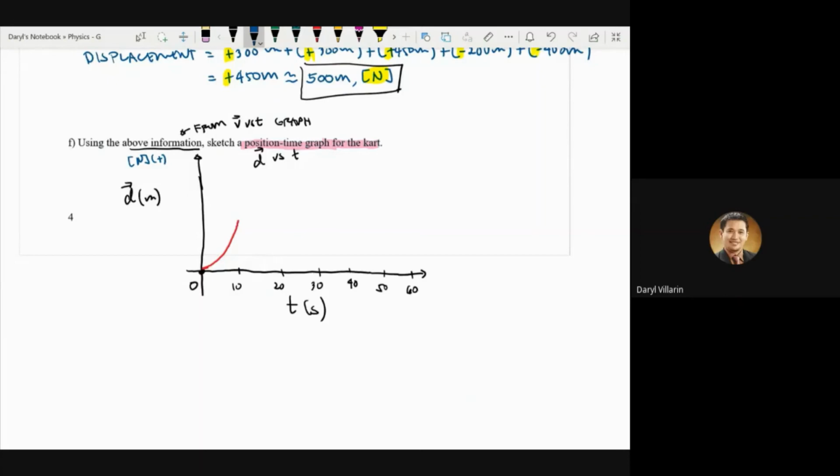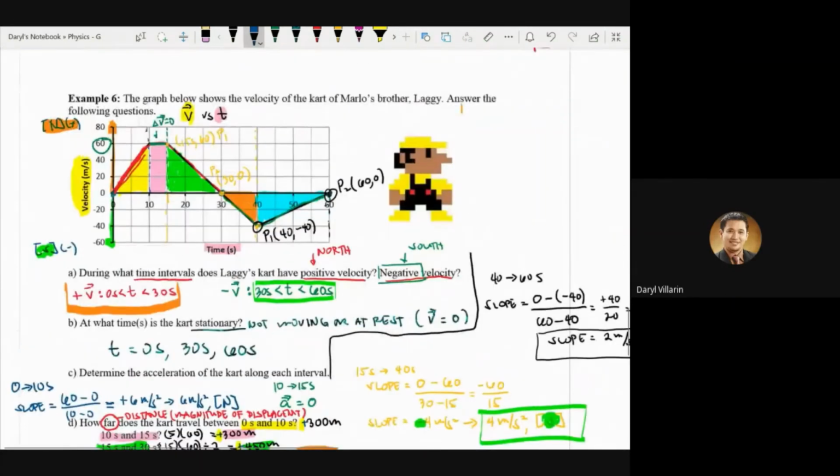Now, second section, the interval of 10 to 15. If you can see, 10 to 15 is this one here. That denotes a constant velocity of 60 meters per second.